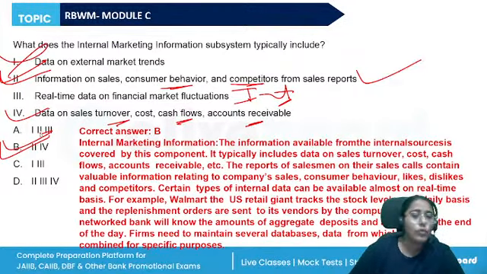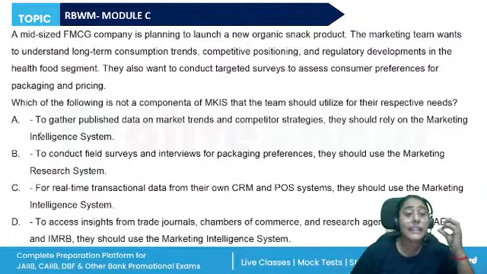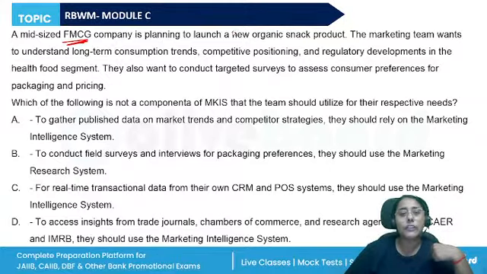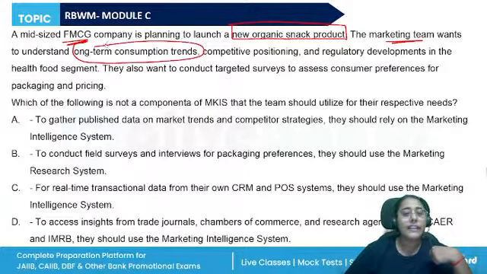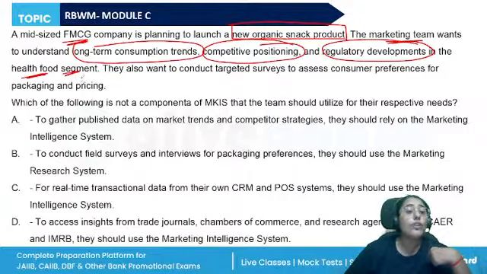Last question. You are given a case study: a mid-sized FMCG, fast-moving consumer goods company, is planning to launch a new organic snack product. The marketing team wants to understand the long-term consumption trends, competitive positioning, regulatory development in the health food segment.